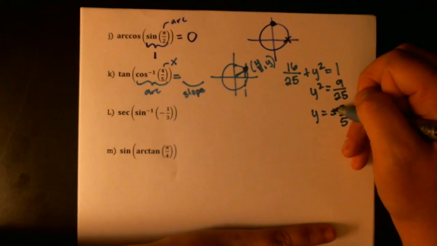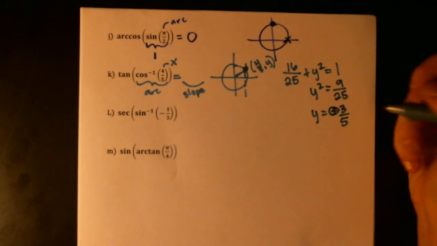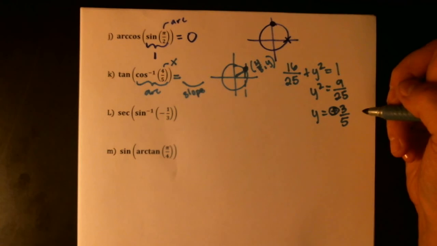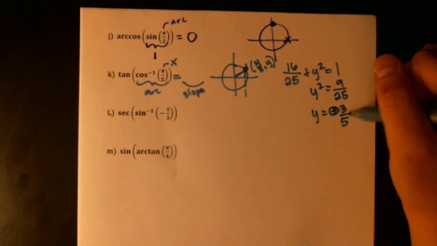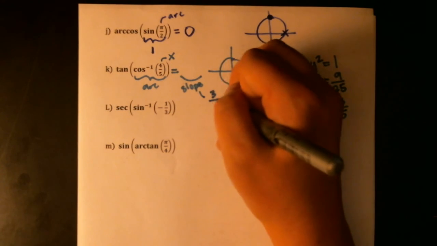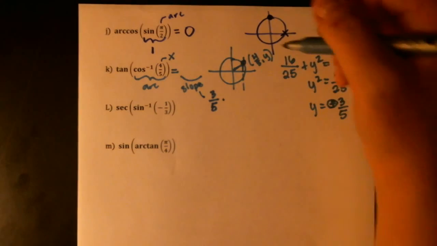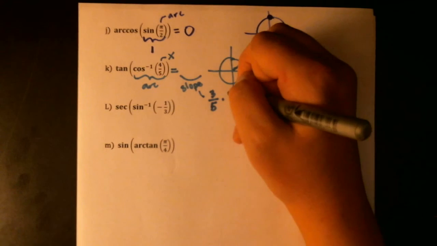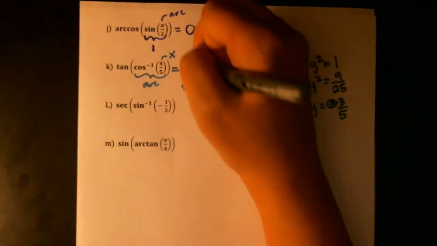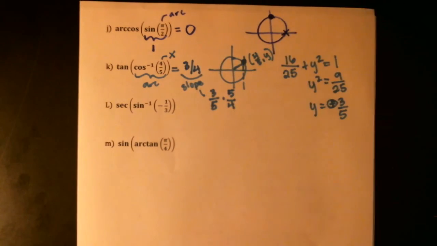Because we're in quadrant 1, we're going to choose the positive 3/5. And then remember, what we were really going for was slope. So slope is the y, 3/5, divided by the x, which is 4/5. So we'll multiply by its reciprocal, 5/4, and it looks like our slope has to be 3/4.